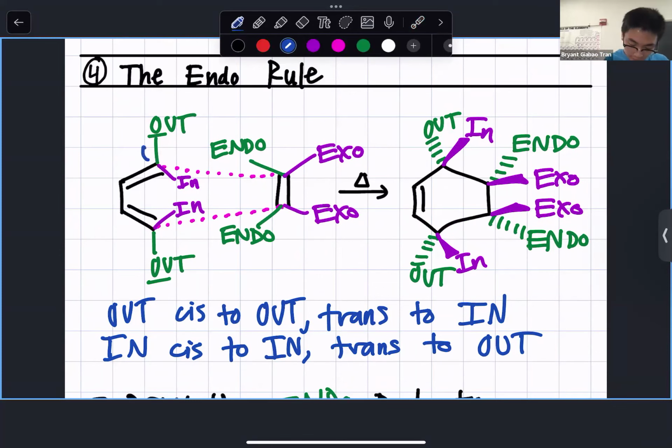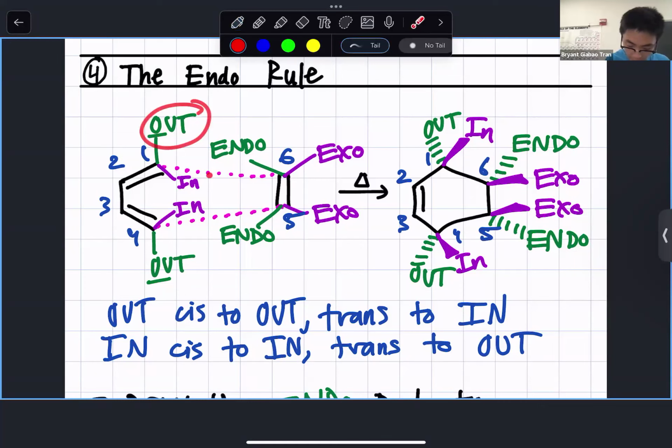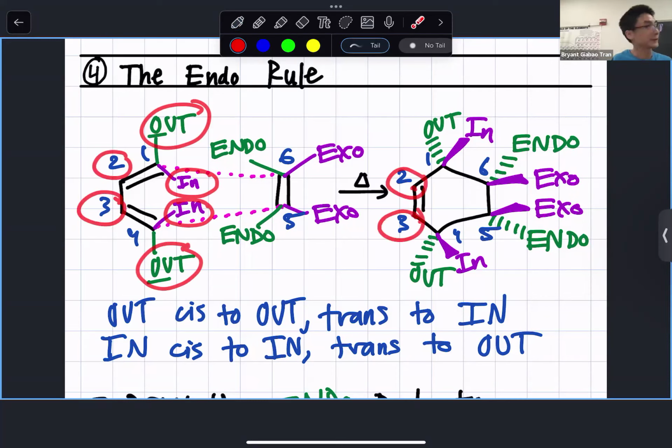Like let's say this was 1, 2, 3, 4, 5, 6. The rule will only apply to groups on carbons 1 and 4 of the diene. The groups on carbons 2 and 3 will stay sp2 hybridized and flat. They are always going to be flat. The groups on 2 and 3. Right.